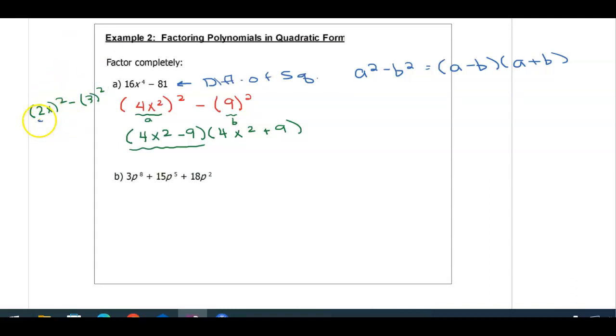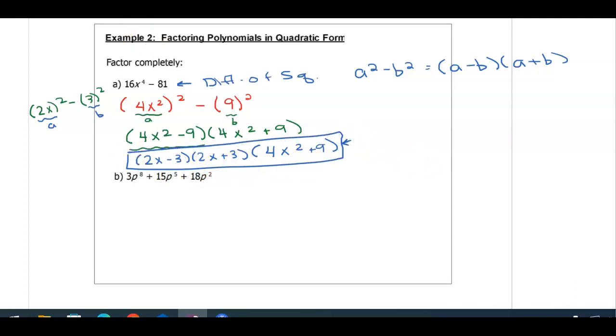So in this case, 2x is our A, 3 is our B. So I can rewrite this as 2x minus 3 and 2x plus 3. And then don't forget to bring this down, 4x squared plus 9. And remember, there is no sum of squares, so this cannot be factored. So this would be our final answer.